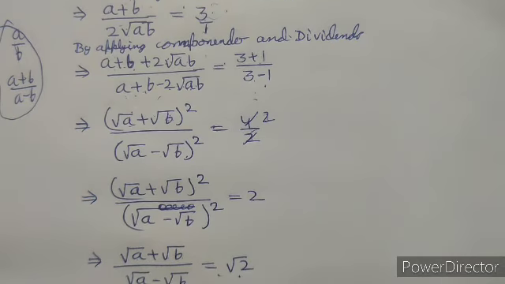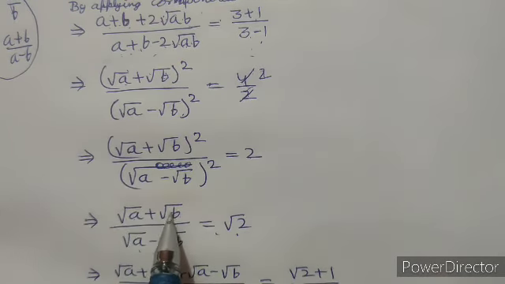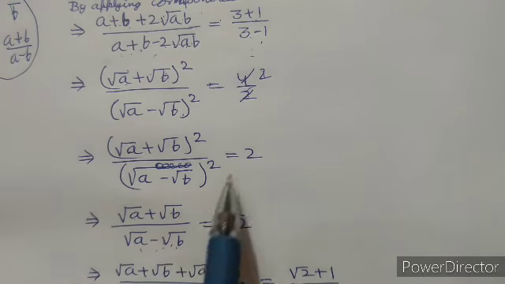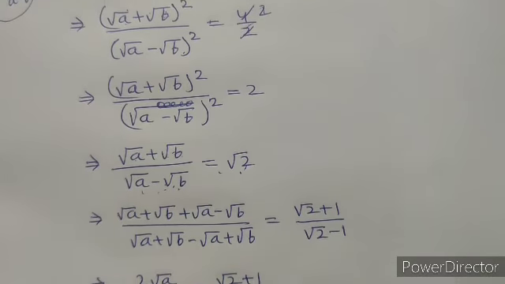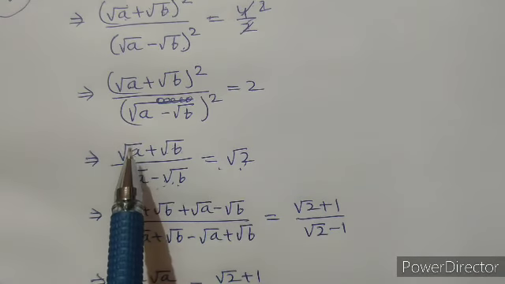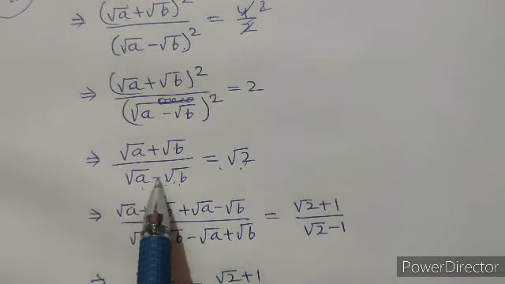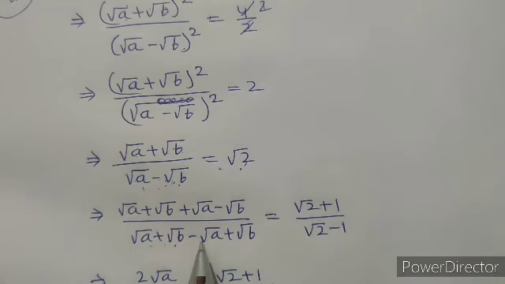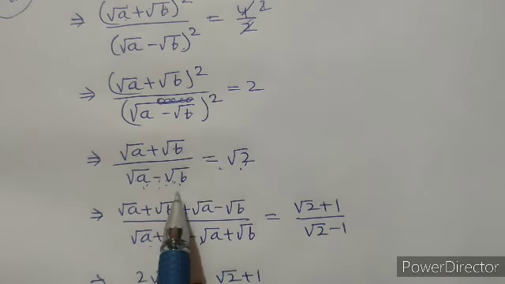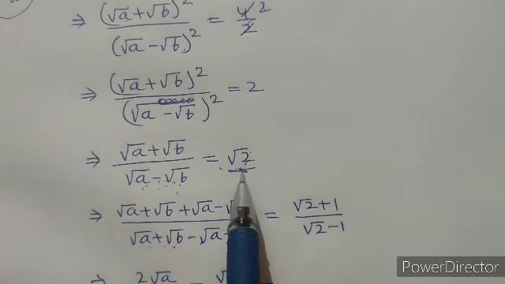Now, this will give us (√a + √b)/(√a − √b) = √2. Now, again, on applying componendo and dividendo, this will give us (√a + √b + √a − √b)/(√a + √b − √a + √b) = √2, and this will be √2/1.